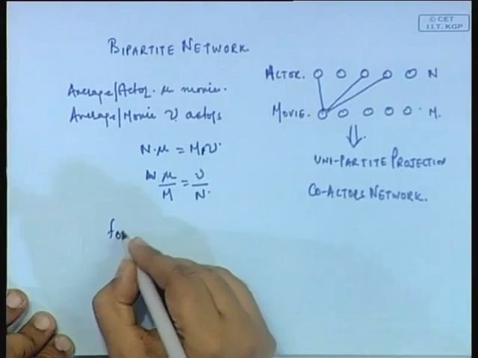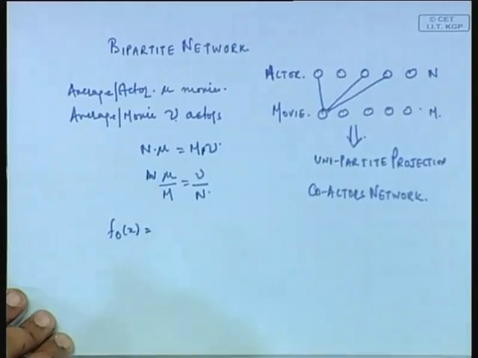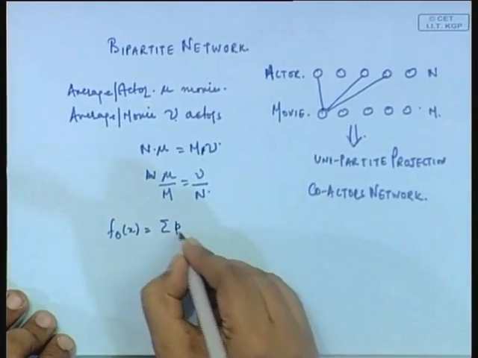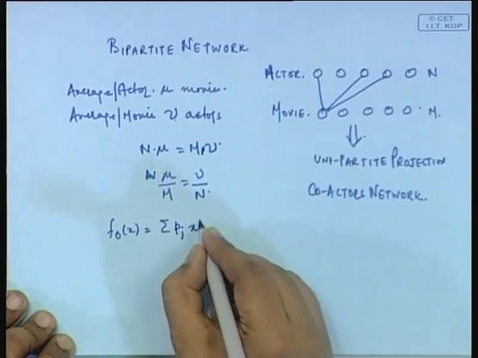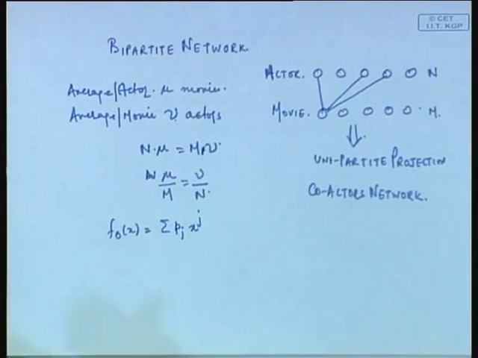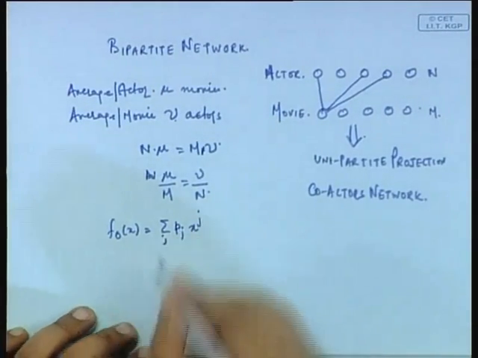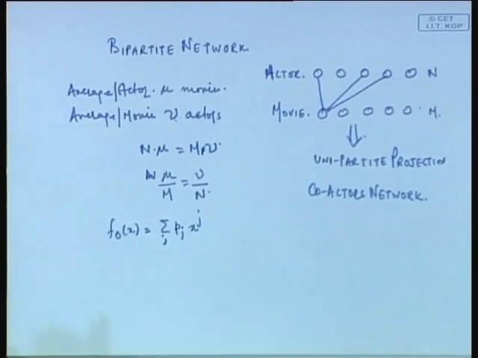Now let us try to write the degree distribution of actors, like f0 x. That will be summation of pj x to the power j for all j's.